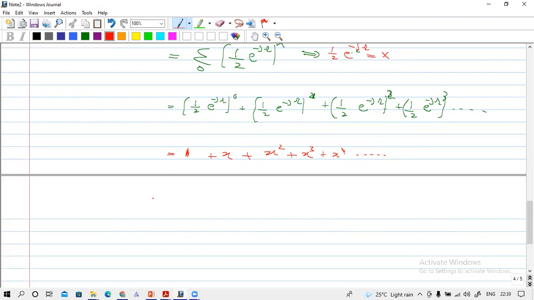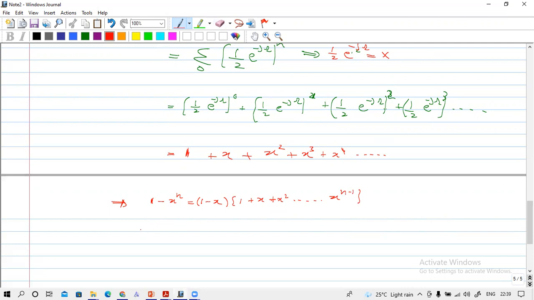So you have 1 minus x^n equal to (1 minus x) times (1 plus x plus x squared up to x^(n-1)). This kind of identity we have proved in our last tutorial.